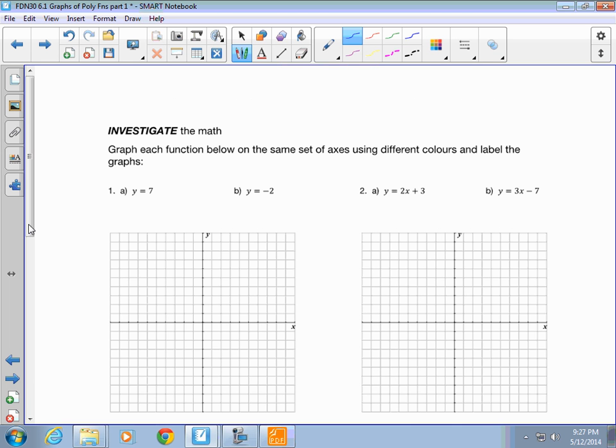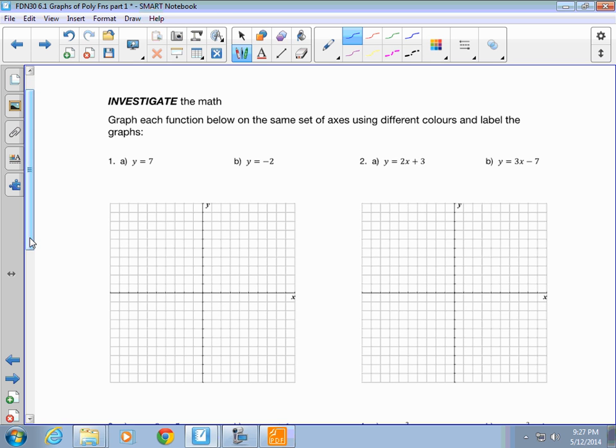So just looking at some graphs. We're going to graph the functions on the same set of axes using different colors and labels. For number 1, we're graphing y is equal to 7.